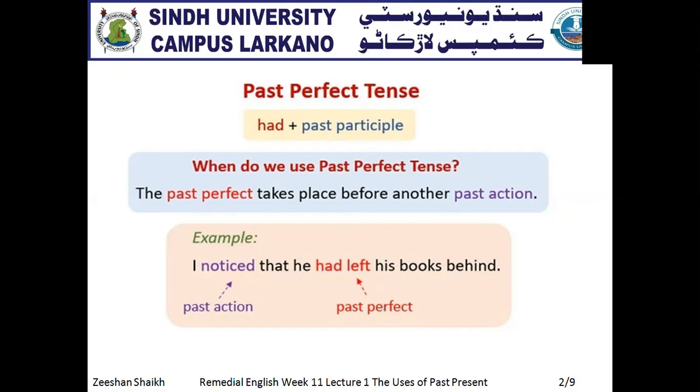Later on I noticed it, the noticing was done later, so the first action was done before. Then we see the notice. Clear? So the second sentence, I noticed, would be your past simple, and he had left his books behind becomes past perfect. Clear?